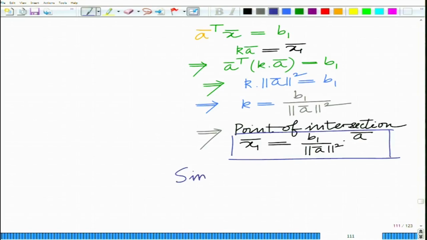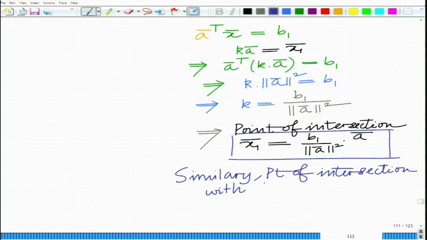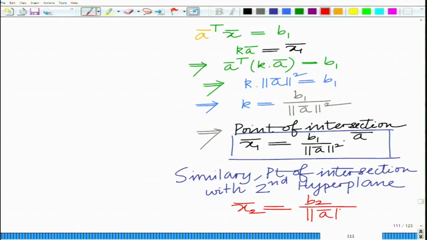Similarly, for the point of intersection with the second hyperplane, x2 bar, all you have to do is replace B1 by B2, that is B2 divided by norm A bar squared times A bar. Therefore, we have found the 2 points of intersection of the normal vector A bar with these hyperplanes, and the distance between the hyperplanes is the distance between these points of intersection.